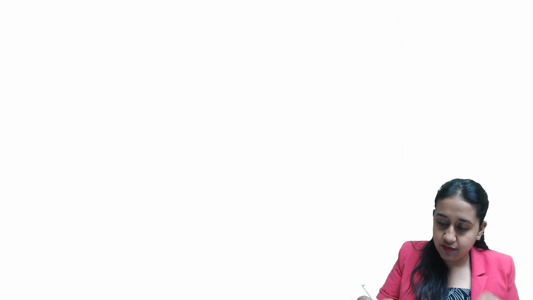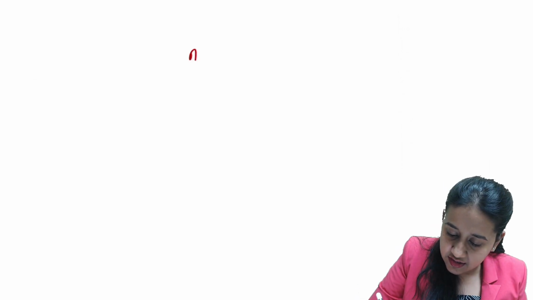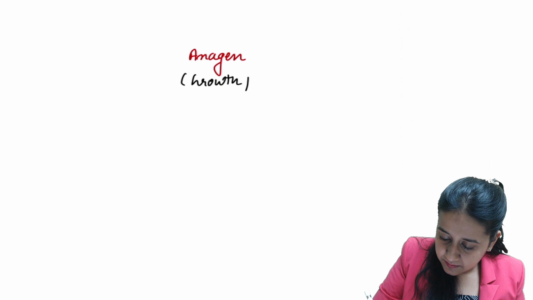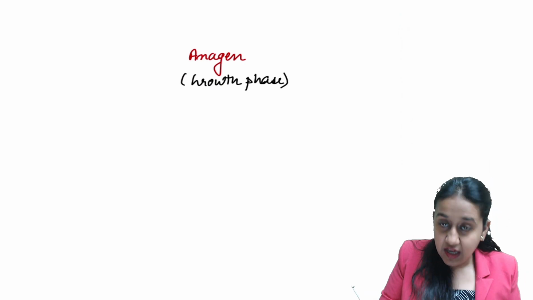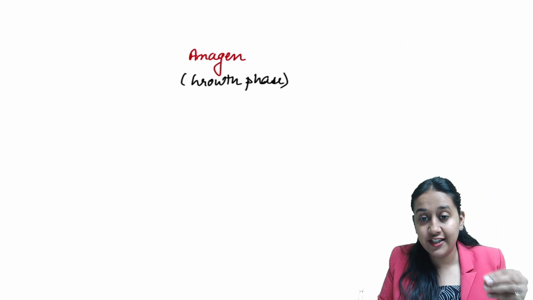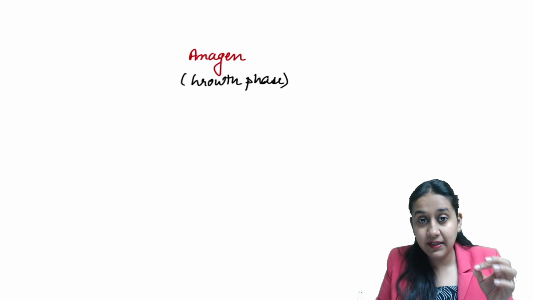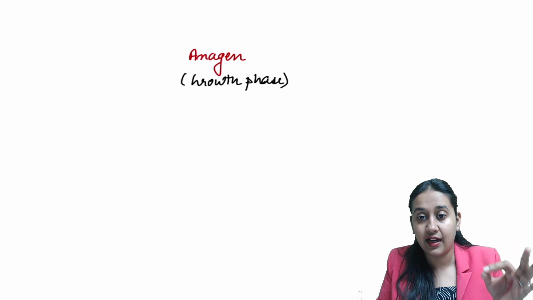The first phase, which is the growth phase, is the anagen phase. There was once a question asked: which phase determines the total length of the hair? Please remember, the phase which determines the total length of the hair is the anagen phase.